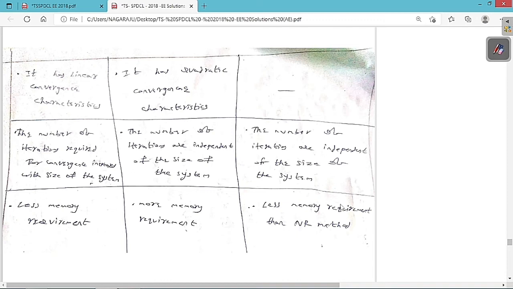The number of iterations depends on the size of the system for the Gauss-Seidel method, increasing as the system grows, whereas it is independent of system size for the Newton-Raphson method and the fast decoupled method. Newton-Raphson requires more memory and the fast decoupled method requires less. So these are the important final characteristics of the three methods: Gauss-Seidel, Newton-Raphson, and fast decoupled load flow.